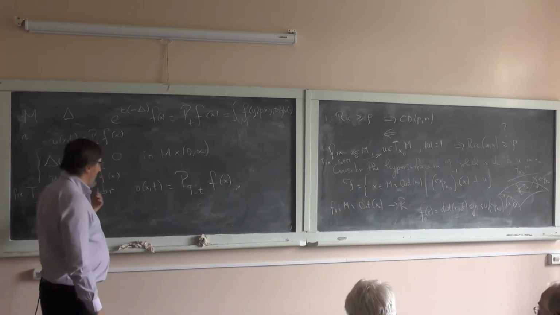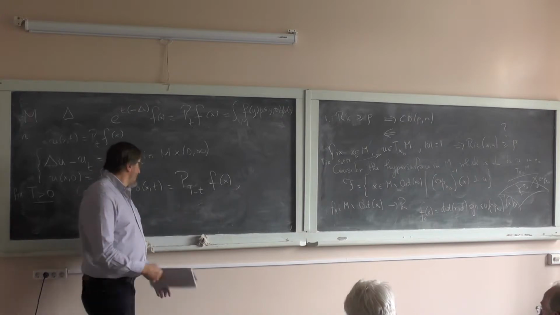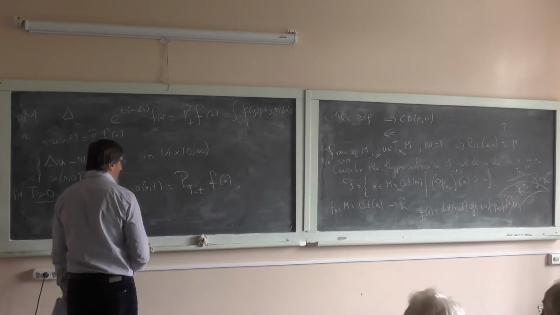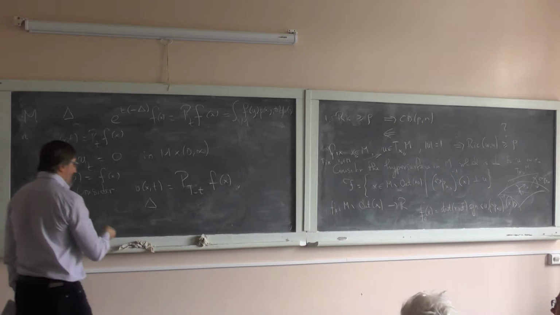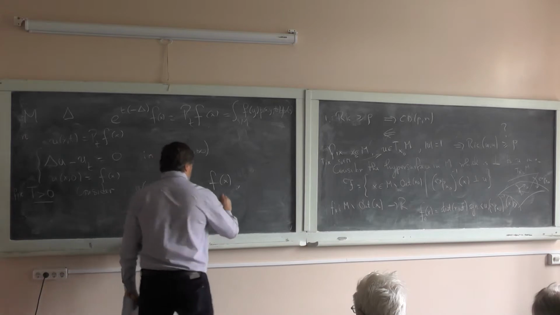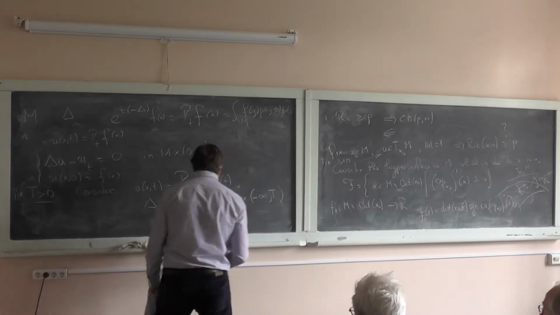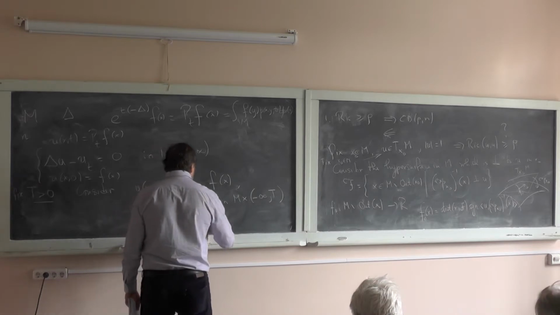The heat semigroup is defined for values of time bigger than 0, so this is defined only when little t is strictly less than capital T. This function is smooth, in C infinity of M cross (minus infinity, T), and it satisfies the backward heat equation. Notice here there was a minus, now there would be a plus. So in M cross (minus infinity, T), and v at time capital T is equal to f.